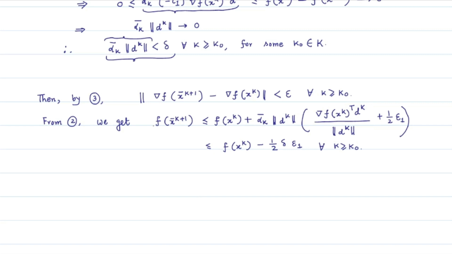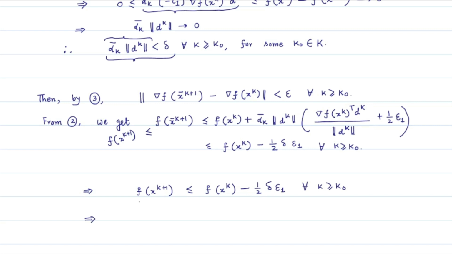And you notice that this left hand side is greater than or equal to the function's value at an exact minimizer x_{k+1}. So we obtain f(x_{k+1}) less than or equal to f(x_k) minus half of delta epsilon 1 for k greater than or equal to k naught.